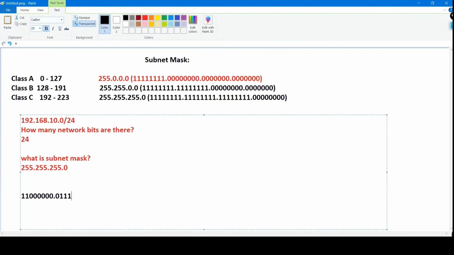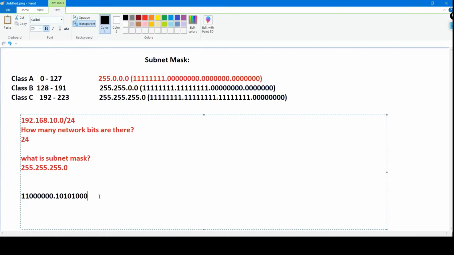I'll have to do it on paper, because it's not memorized yet. Okay, no problem. So the binary of 168 will be 10101000.